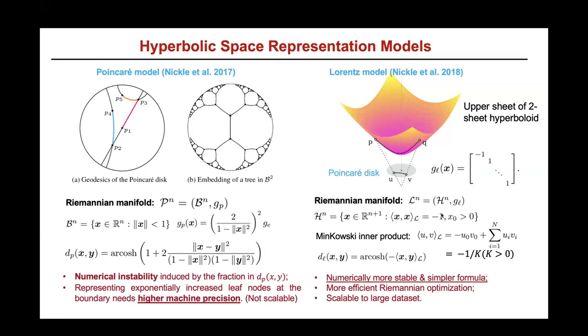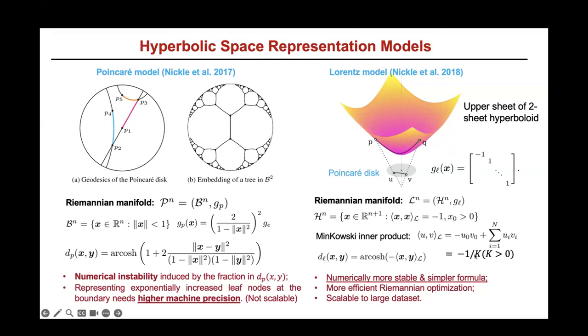Compared to the Poincare disk, the Lorentz model has a very different distance formula: this is d_P(x,y), and this is d_L in the Lorentz model. The distance is much simpler, numerically more stable, with more efficient Riemannian optimization, and it is scalable to larger datasets.